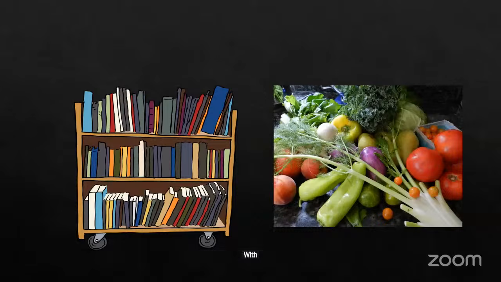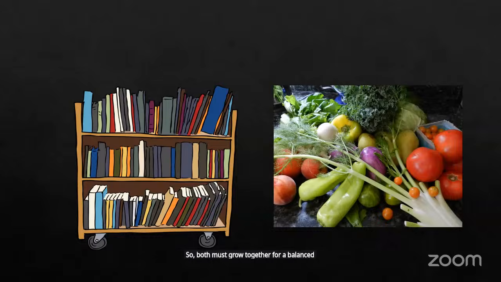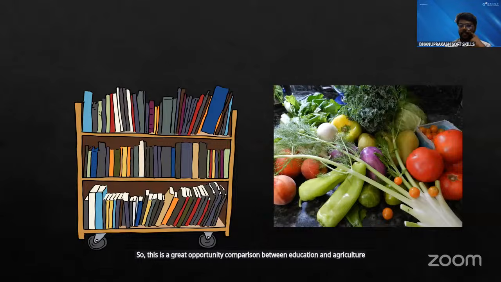Without education, there is no progress, and without agriculture, there is no life. So both must grow together for a balanced life and strong society, sir. Thank you. This is a great comparison between education and agriculture.